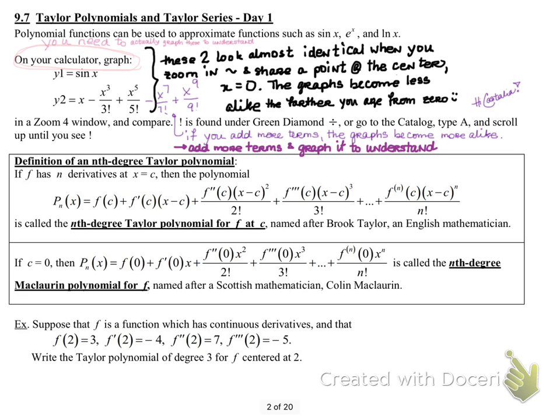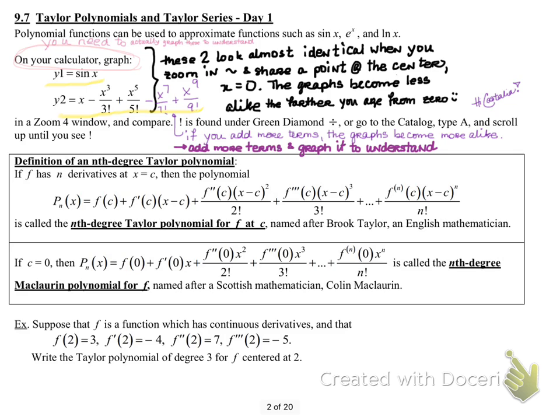This particular example of sine of x seems pretty nonsensical, right? This is sine x right here, and this is the Taylor approximation. It's not important that you understand what a Taylor approximation or a Taylor polynomial is yet.